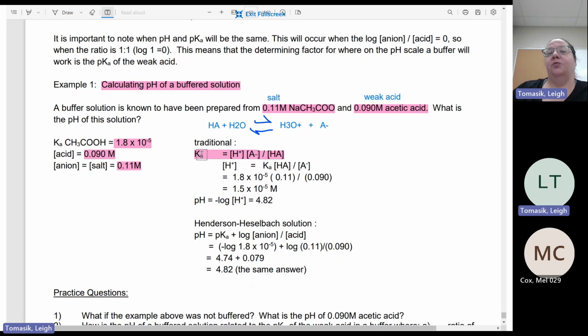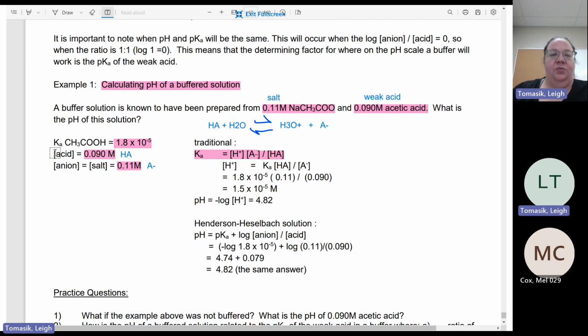Okay, so we can rearrange this to solve for the concentration of H plus ions, because we have A minus and HA. If we rearrange the equation, the concentration of H plus is equal to Ka times HA divided by A minus.